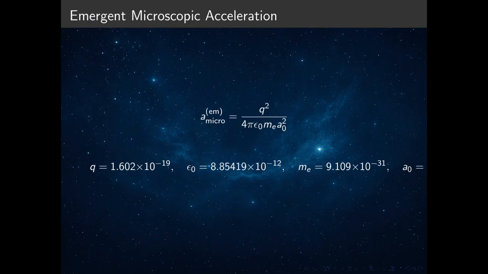Emergent model evaluation. Using the microscopic emergent acceleration, A micro EM equals q squared over 4 pi epsilon naught m_e a naught squared.